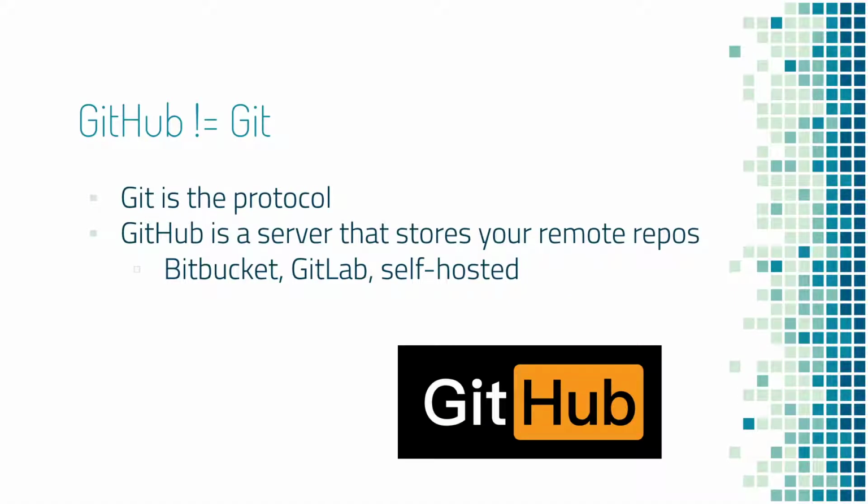All right, so moving on to one of the most popular remotes, GitHub. I've often seen these two terms, Git and GitHub, used interchangeably. That is not correct. Git is the protocol. It's the system that lets you do all of these tracking changes and sharing code and all of that. GitHub is just a server that lets you store remote repos somewhere, right?